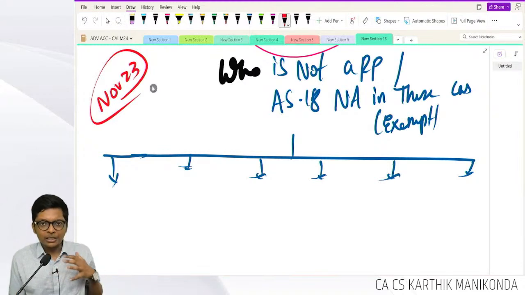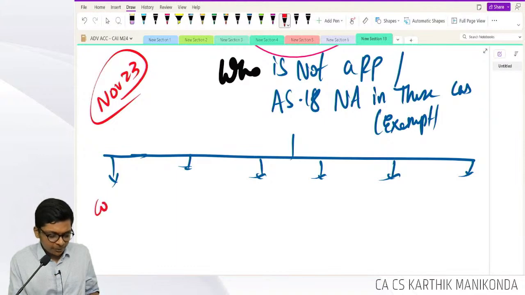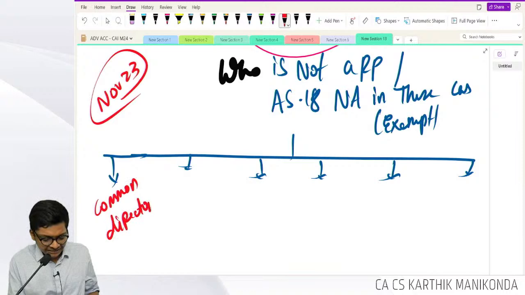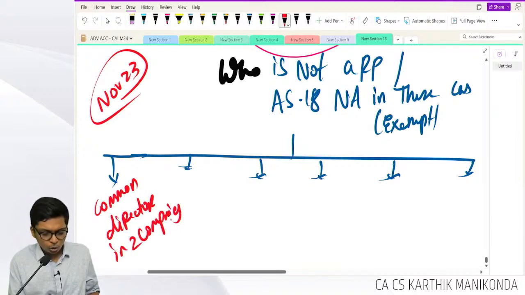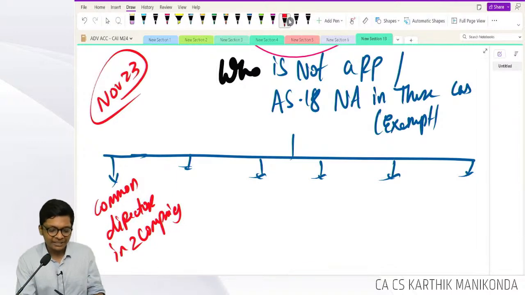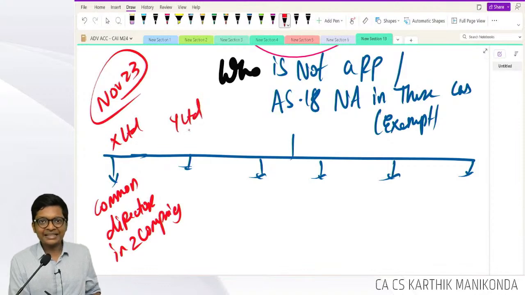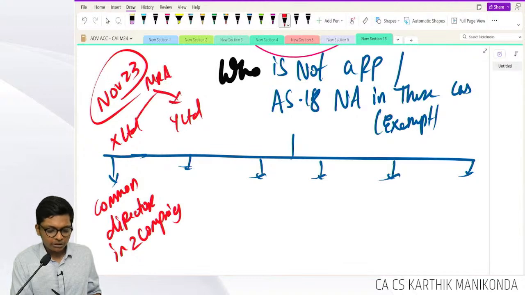AS 18 is not applicable just because there is a common director in two companies. If there is a common director in two companies, in company X Limited and company Y Limited, director is, let's say, Mr. A is a director in both companies.